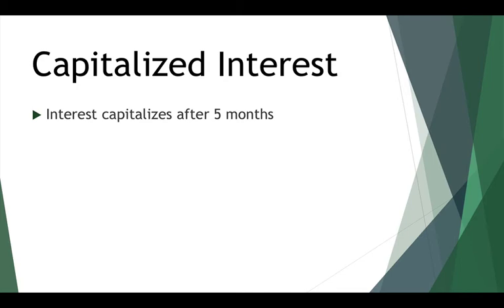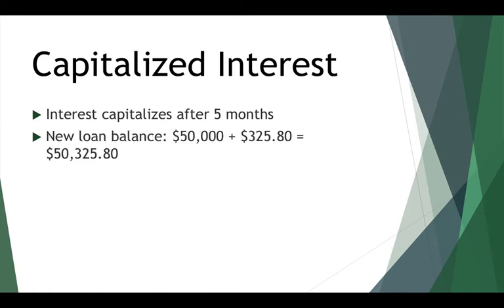Now let's say that interest is capitalized. Say you forget to recertify your income, or you voluntarily leave Revised Pay As You Earn. And after 5 months, that accrued interest is capitalized and added to your loan balance. Well, your new loan balance is going to be a little bit higher, $50,325.80.